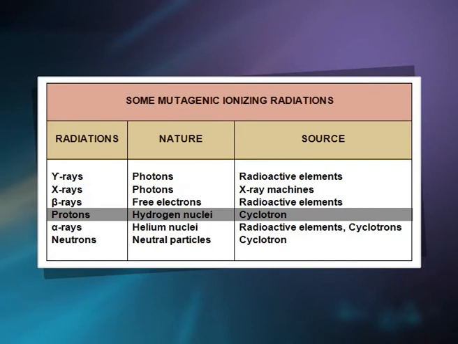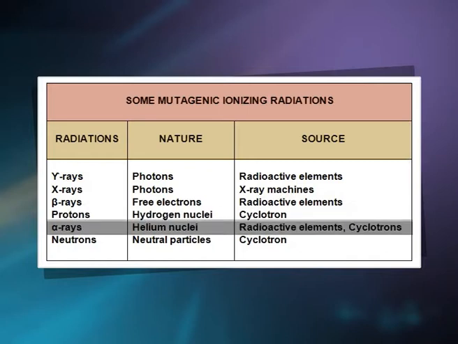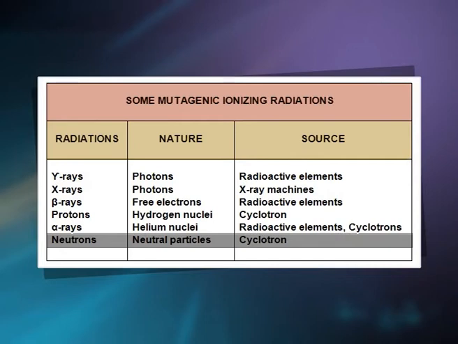Protons exist as hydrogen nuclei and the source is cyclotron. Alpha rays, the nature of alpha rays is helium nuclei and the source is radioactive elements, cyclotrons. Neutrons exist as neutral particles and the source is cyclotron.